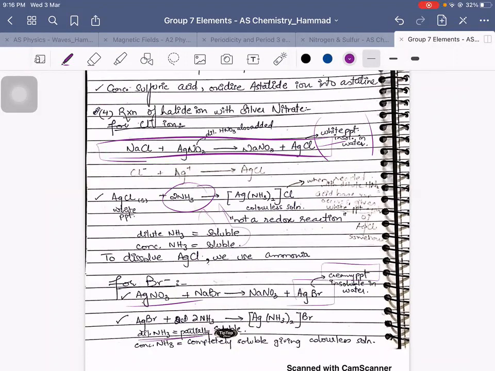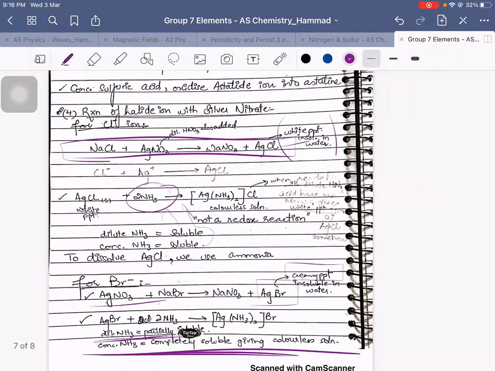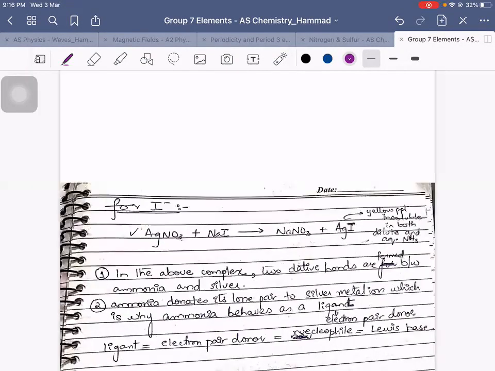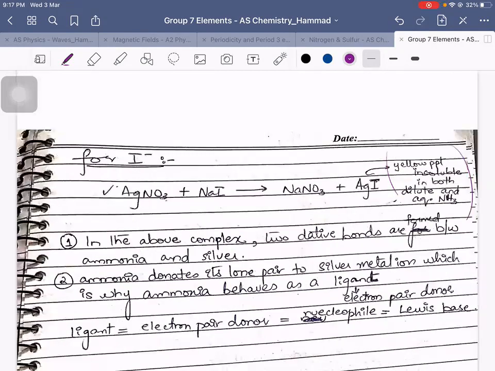And bromide with dilute NH3 is partially soluble, whereas with concentrated NH3, it is completely soluble, giving a colorless solution. For iodide, it is giving a yellow precipitate, and you can hence conclude that the color intensity increases down the group. Because with chloride, AgCl was a white precipitate, AgBr was a creamy precipitate, AgI is a yellow precipitate.